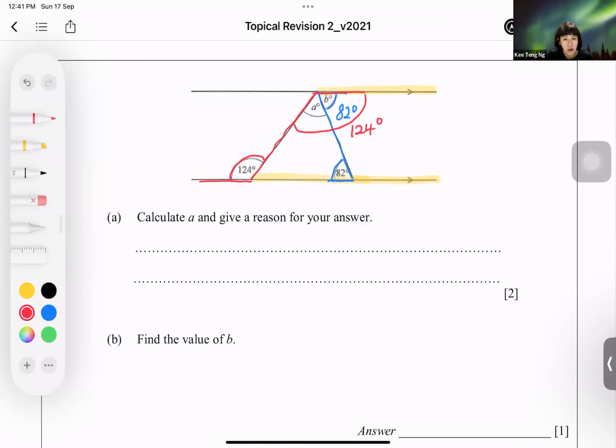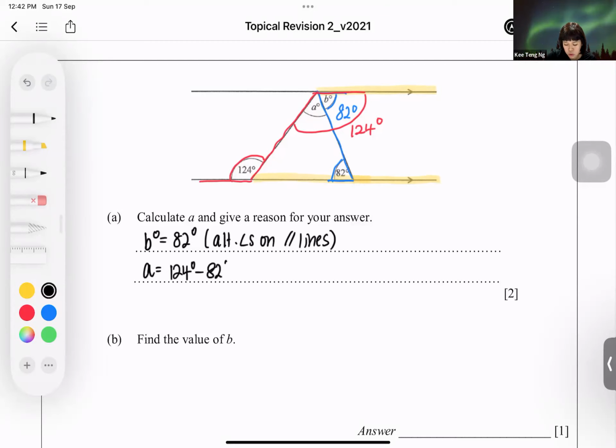So in this case, calculate A and give a reason for your answer. So I'm going to write for B first. Angle B is equal to 82 degrees, alternate angles on parallel lines. And therefore, angle A is equal to 124 minus 82 degrees.